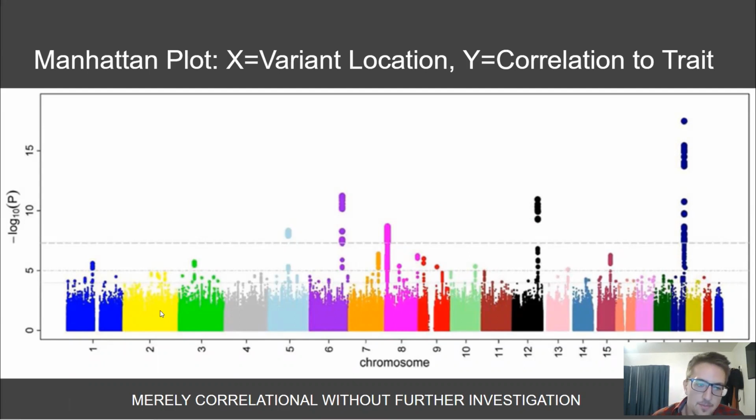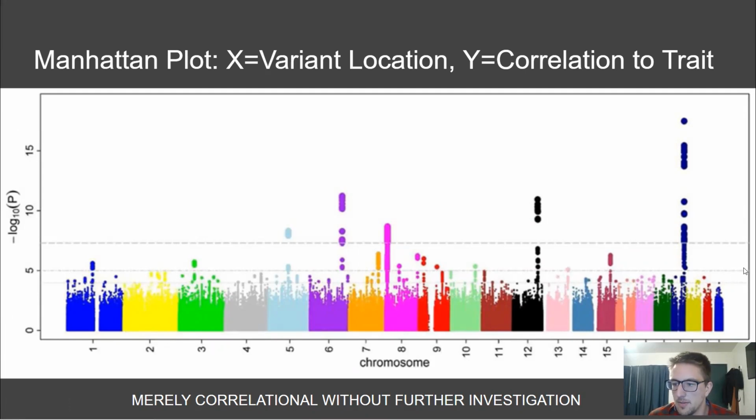On the x-axis here, you have the chromosomes, and the individual dots, which are almost too tiny to see, are individual genes on the chromosomes. And over here on the y-axis, you have effect size. So what you're basically looking at, most of the colored regions below my cursor are genes that aren't very interesting.